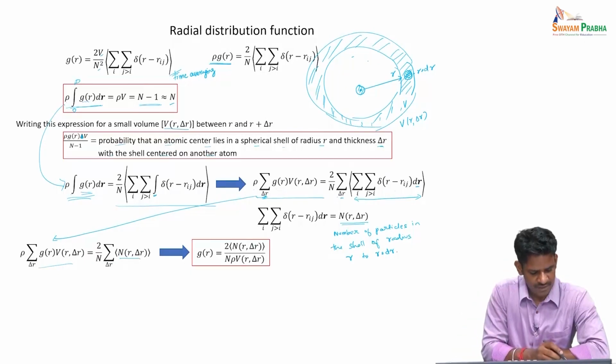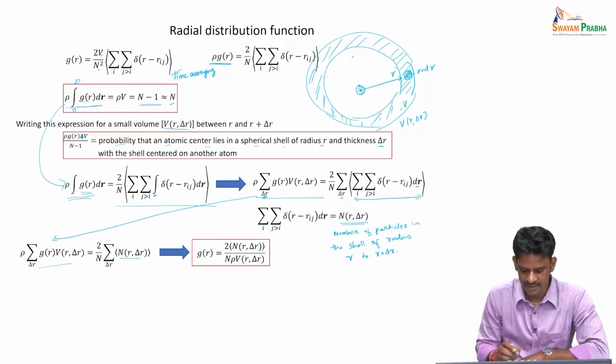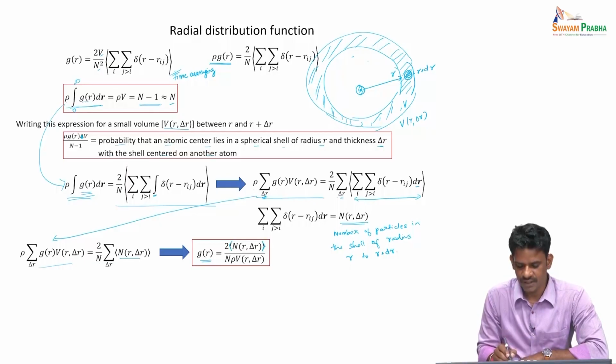So then you see rho times g times v is equal to 2 by N times the mean n, and from here you can write g of r as 2 times the average number of particles at a distance of r to r plus dr, divided by the number of particles, density and the volume.